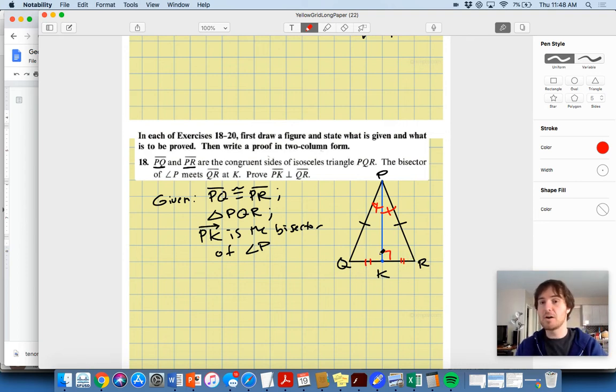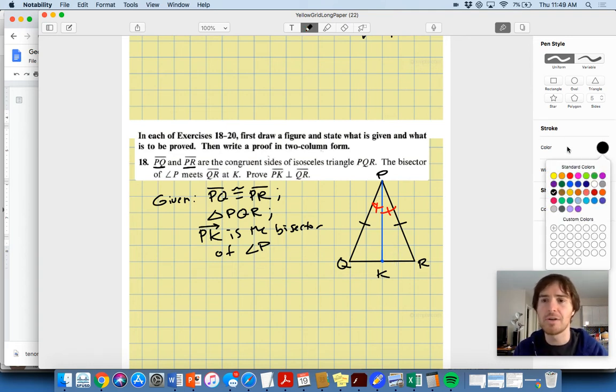of the side QR, but we do have to prove that PK is perpendicular to QR, so that the angle bisector of the vertex angle of an isosceles triangle is perpendicular to its base at its midpoint, which is something you're going to learn later, but the perpendicular base we're going to prove now. Okay, so anyways, let's just go ahead and do it. We're given this.